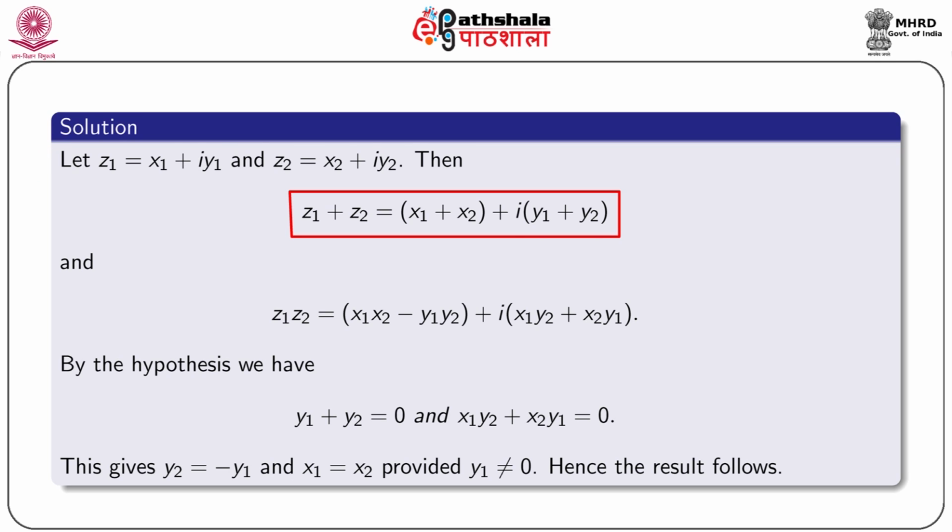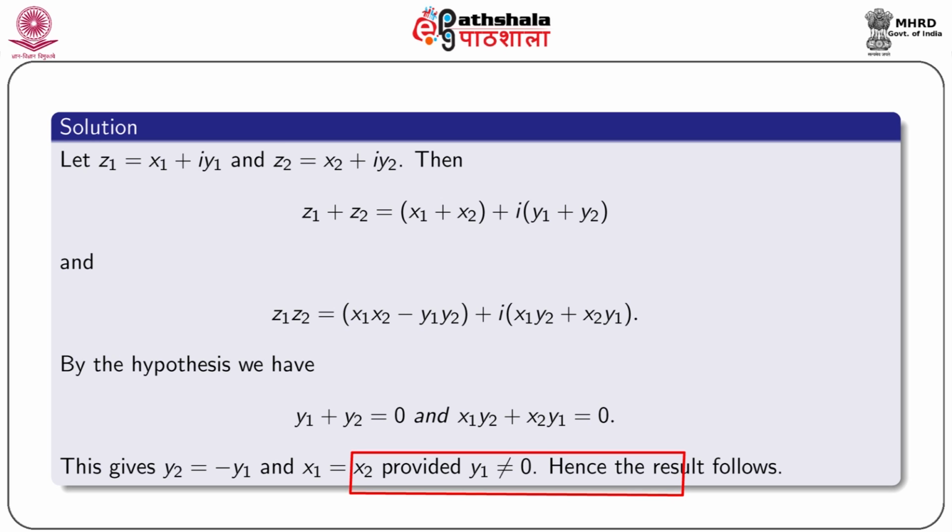Then z1 plus z2 is (x1 plus x2) plus i(y1 plus y2), and z1 z2 is (x1 x2 minus y1 y2) plus i(x1 y2 plus x2 y1). By the hypothesis, we have y1 plus y2 equal to 0 and x1 y2 plus x2 y1 equal to 0. This gives y2 equal to minus y1 and x1 equal to x2, provided y1 is not 0, and hence the result.